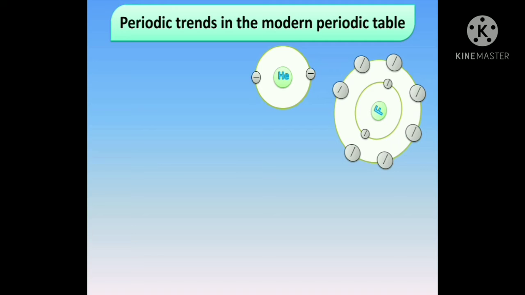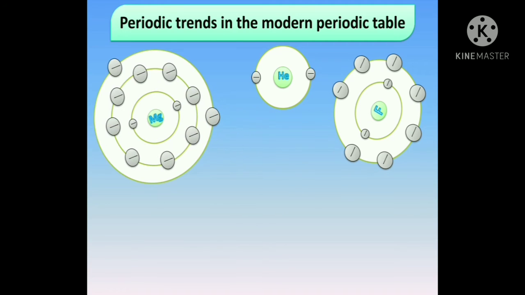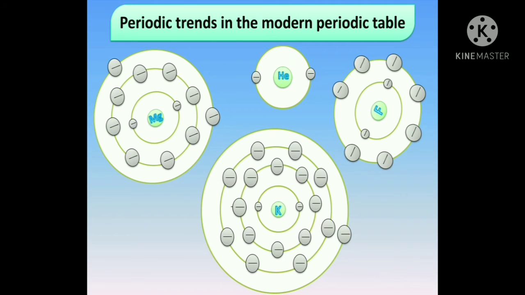In the same way, let us understand fluorine, magnesium and potassium atoms. In fluorine, the atomic number is 9 and its electronic configuration is 2, 7. That means fluorine has 7 valence electrons.